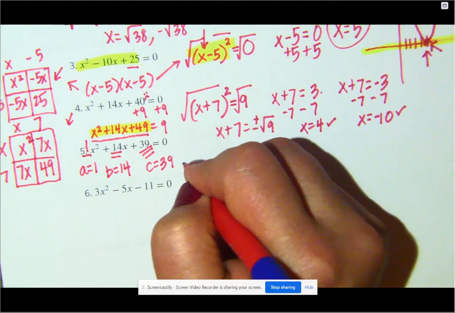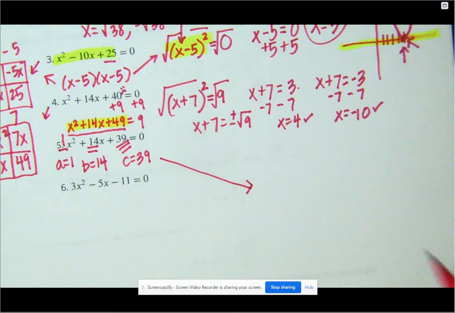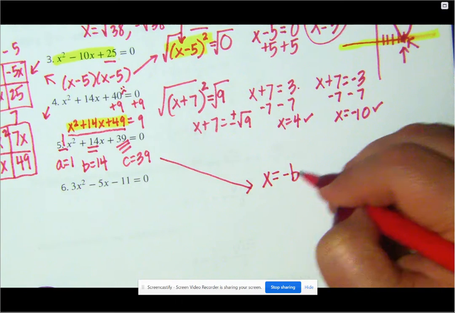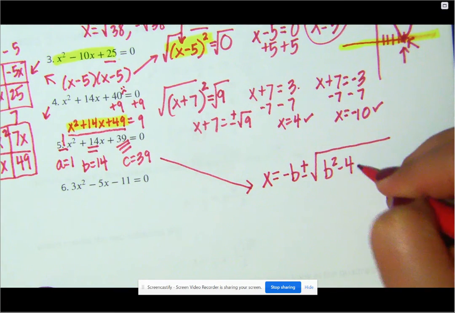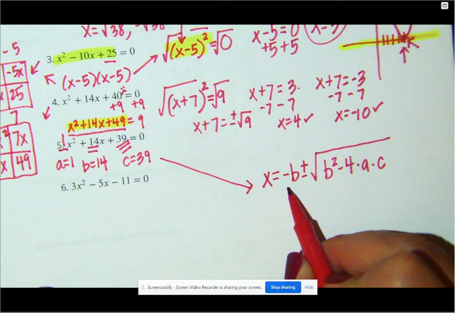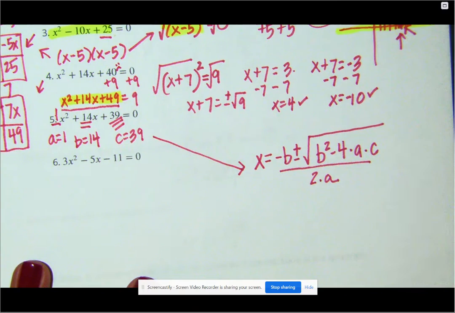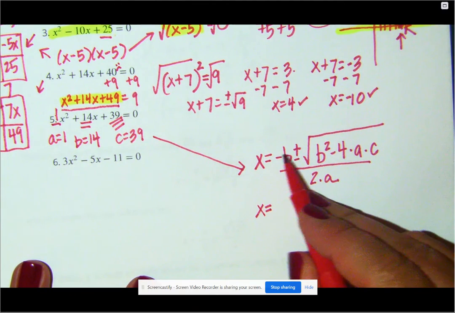Okay, now I'm going to go do the work over here. And you can look on your other page for the formula if you need to. Well, I'll write it out. The quadratic formula is negative b plus or minus the square root of b squared minus 4 times a times c, all over 2a. Okay, so now all we have to do is plug everything in. x equals the negative of b.